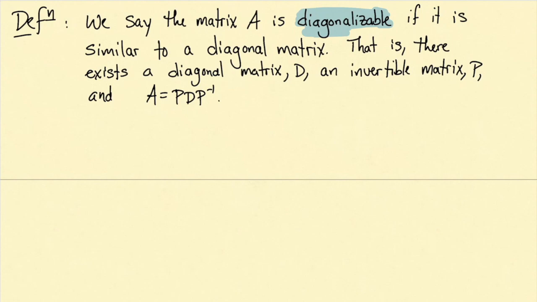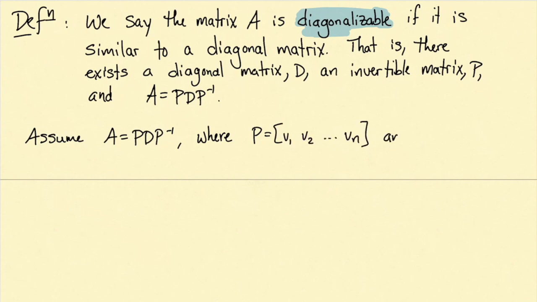It turns out that if our matrix A is diagonalizable, then there also exists a basis of eigenvectors of A for R^n. So let's assume A is equal to P D P inverse, where P has columns v1, v2 down to vn, and D has lambda 1, lambda 2 down to lambda n along the diagonal.